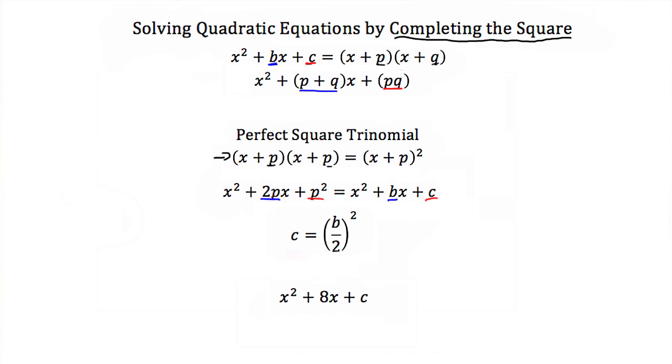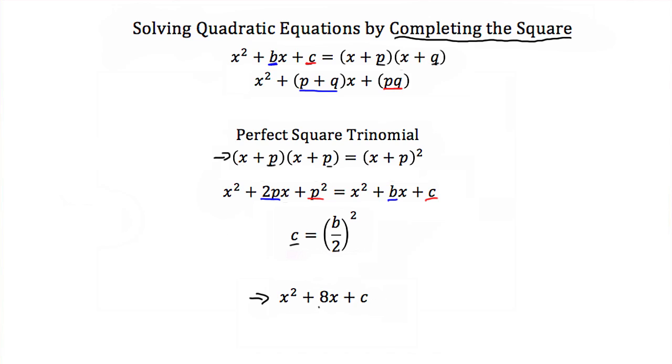And knowing that, we can come up with a relationship that as long as we have a perfect square trinomial, our constant term c is equal to b over 2 squared. So if I had x squared plus 8x plus c, and I told you this was a perfect square trinomial, we can find our c value.